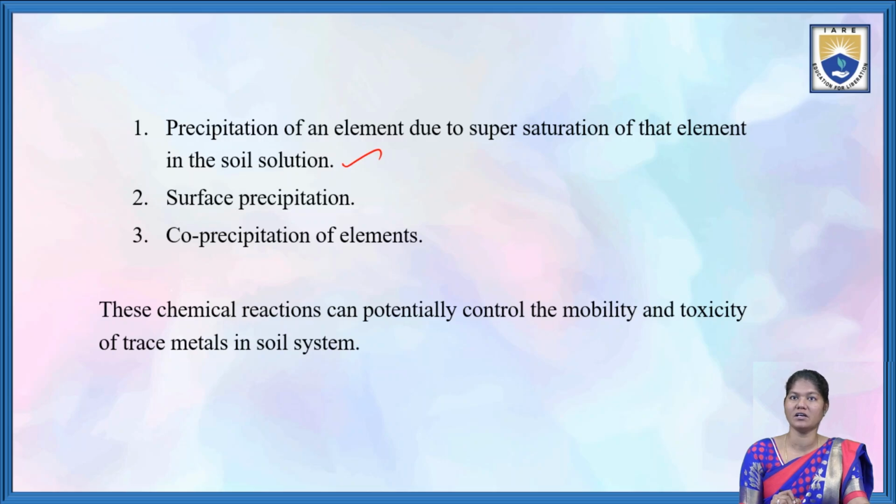Second is surface precipitation, and third is co-precipitation of elements. These chemical reactions can potentially control the mobility and toxicity of trace metals in the soil system.